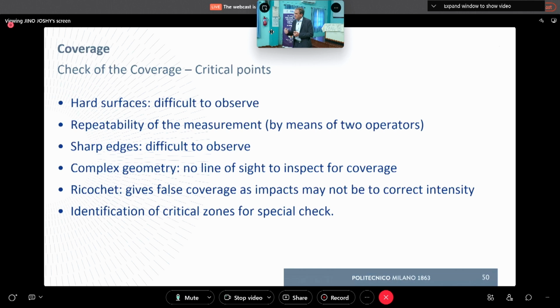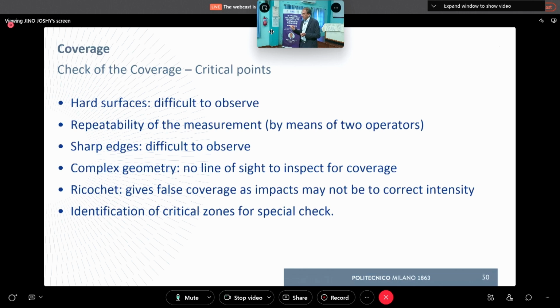Indeed, if we are using visual inspection, but also microscopical inspection, the sensitivity and expertise of the operator plays a role. If we are on a borderline, let's say, to pass or not pass some peening condition, the sensitivity and expertise of the operator could make the difference.